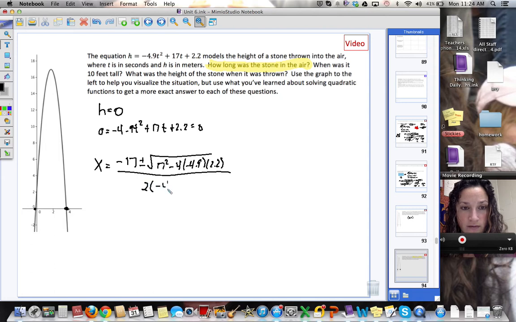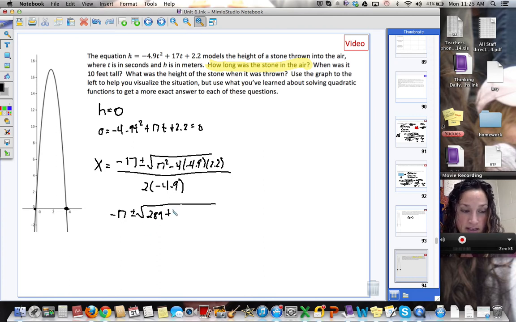2 times negative 4.9. I'm going to get my calculator out because I don't know a lot of this off the top of my head, so I'm going to do negative 17 plus or minus the square root of 289. Negative 4 times negative 4.9 is a positive 19.6. Positive times a positive is going to give me a positive.